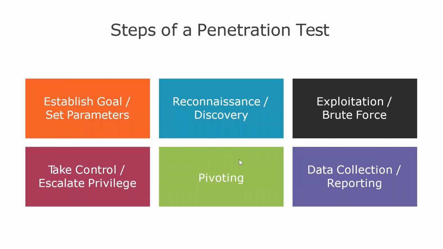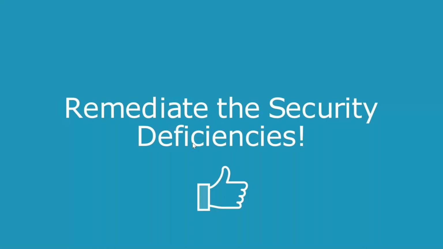Reconnaissance and discovery. Exploration and brute force. Take control of the system and escalate the privileges. Pivoting, data collection, and reporting. So these are the things which we do as part of penetration testing. Then remediate the security deficiencies. As part of this, we are going to do that too.